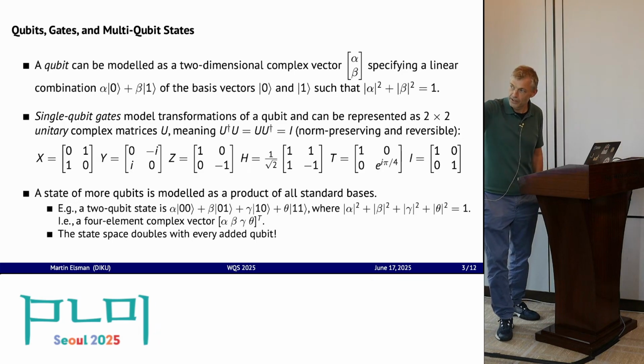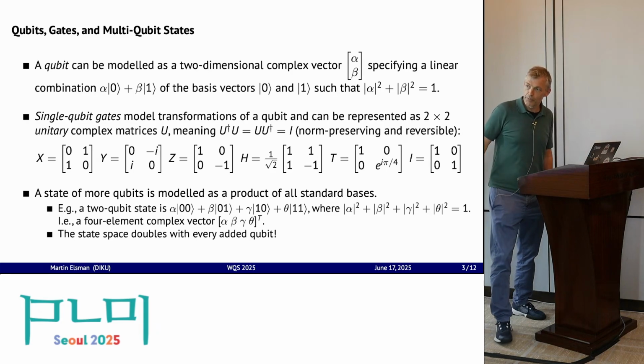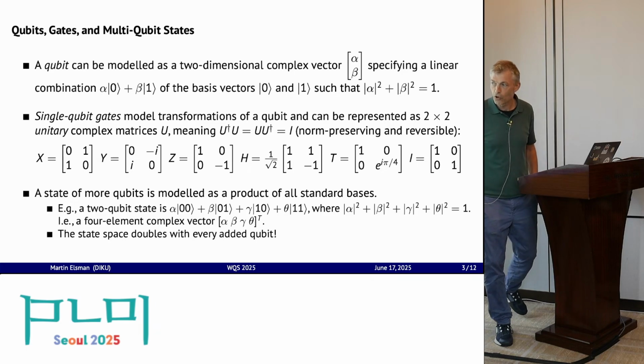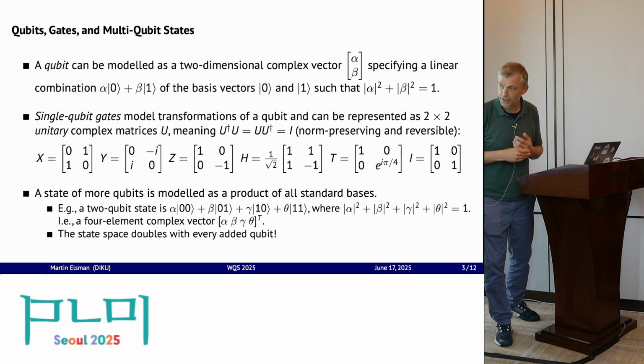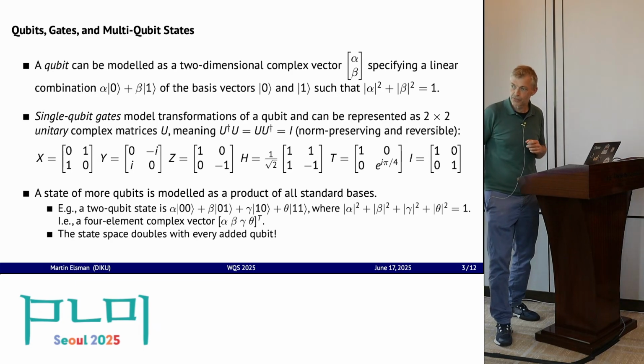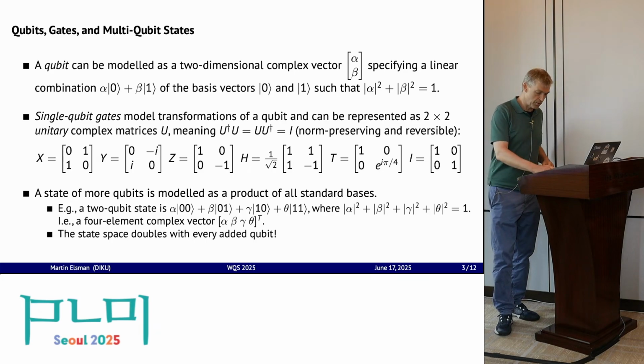Here we have all the various gates at a single qubit level, and then we see how states of more qubits can be modeled as products of these standard bases. For 2 qubit states we need 4 elements. For 3 qubit states we need 8 elements, and so on. It grows drastically with the number of qubits.